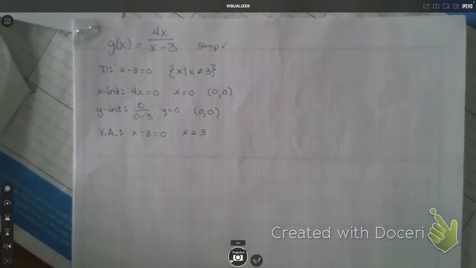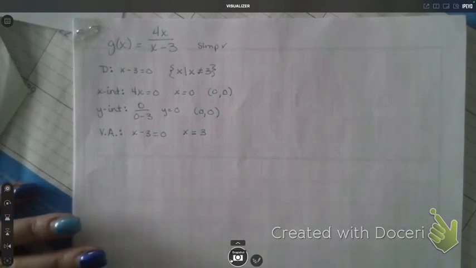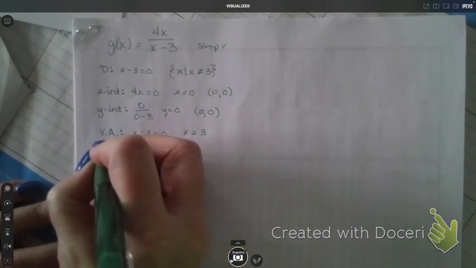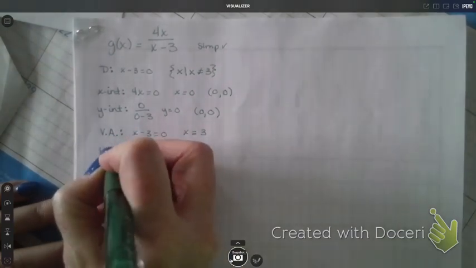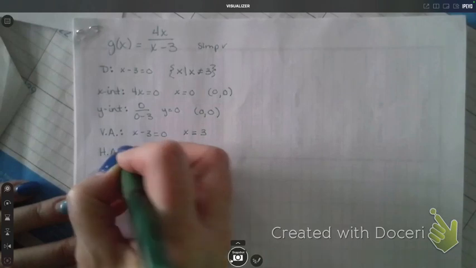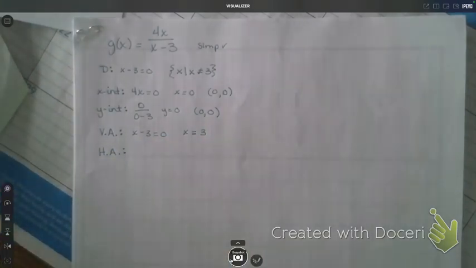There can be several vertical asymptotes, okay? But again, there's only one horizontal. Well, for most of them, only one horizontal. Next is the horizontal. Now, for horizontal, we compared degrees, correct? So always write down the degree of the numerator.